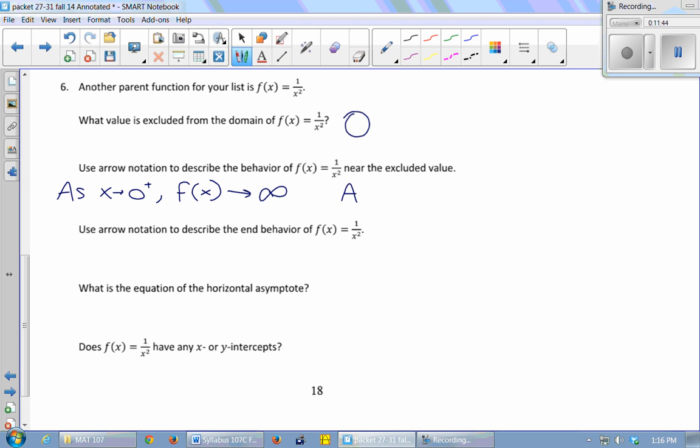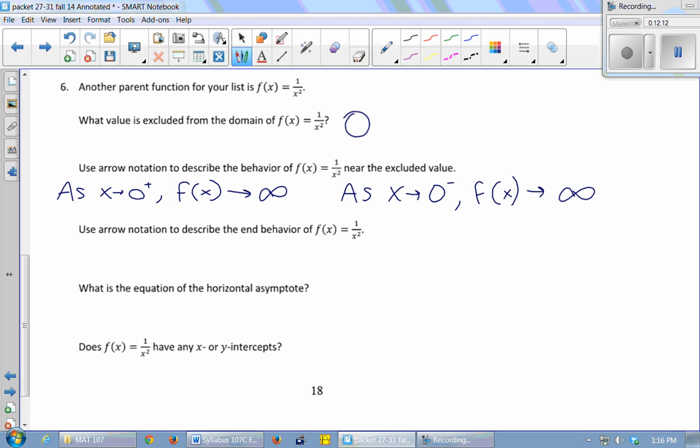And what about as x approaches 0 from the left? It's the same. With the other one, it was negative infinity. Why is this one positive? Because you're squaring. Even if you're plugging in negative values for x, you're going to square them, and then it becomes positive.